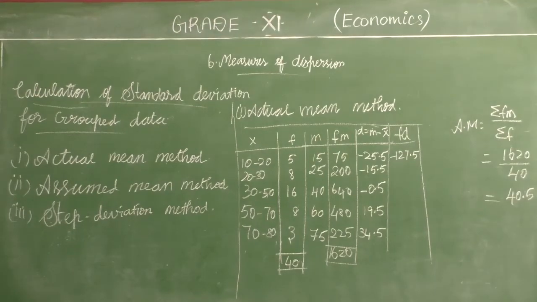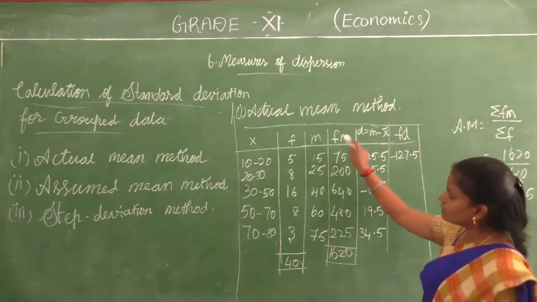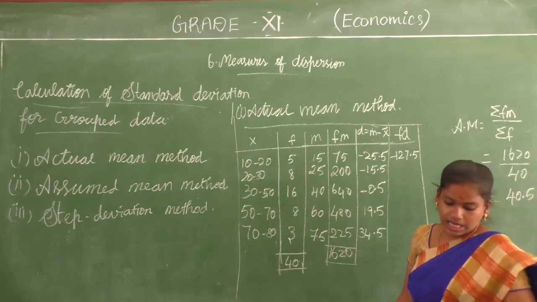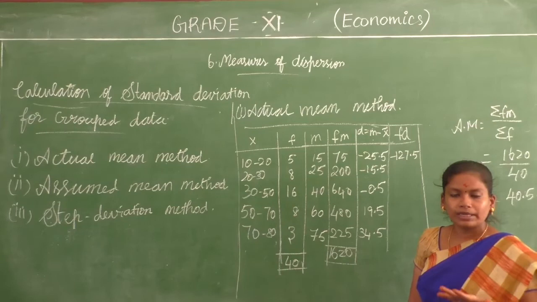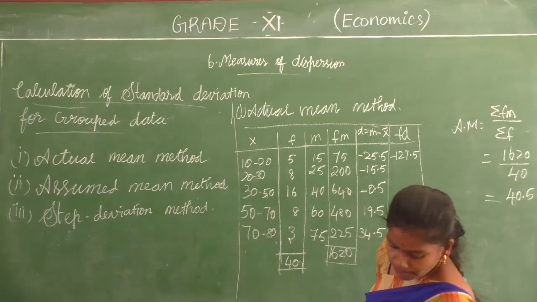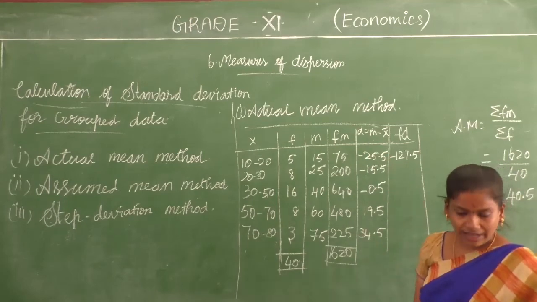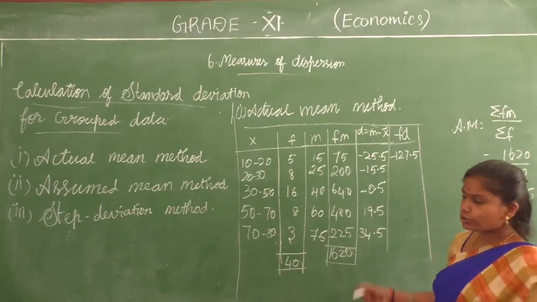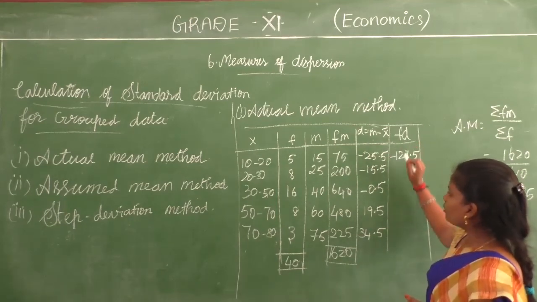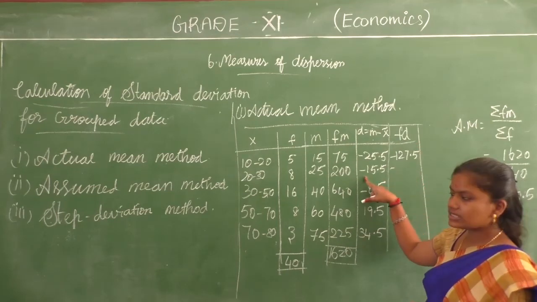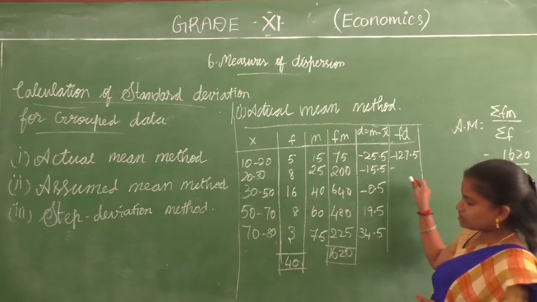So what are we doing, children? We are taking this D value and multiplying it with the frequency that we have already been given by the problem. We have the D value multiplied by the frequency, FD value. So the symbol stays.